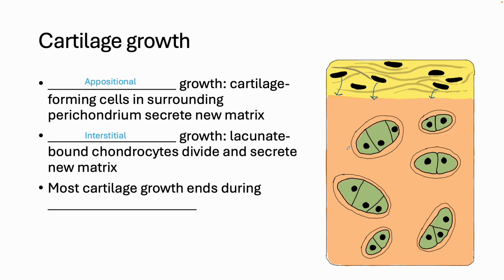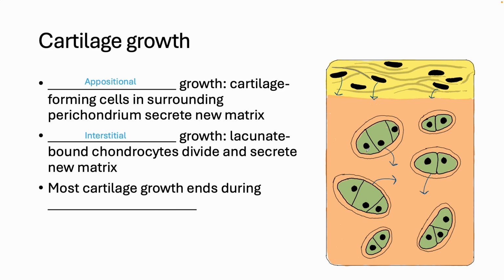We'll talk about lacuna when we get into the bone structure in more detail. But you can see that there's this opening here in the cartilage, and then bound within it are these chondrocytes. These are going to divide and ultimately secrete new matrix, and that is going to contribute to the cartilage there.